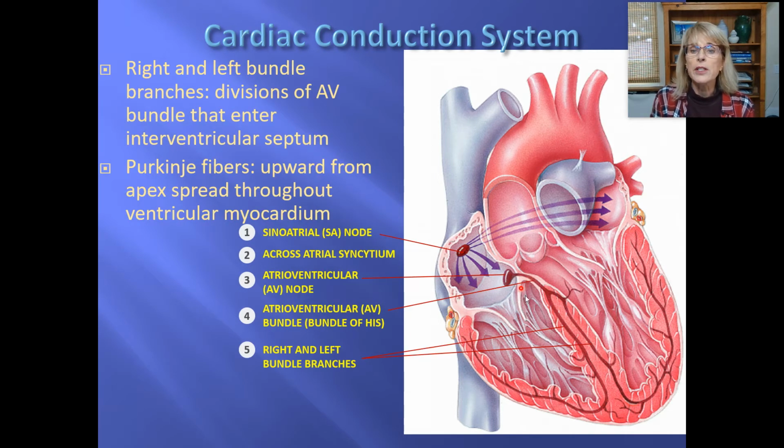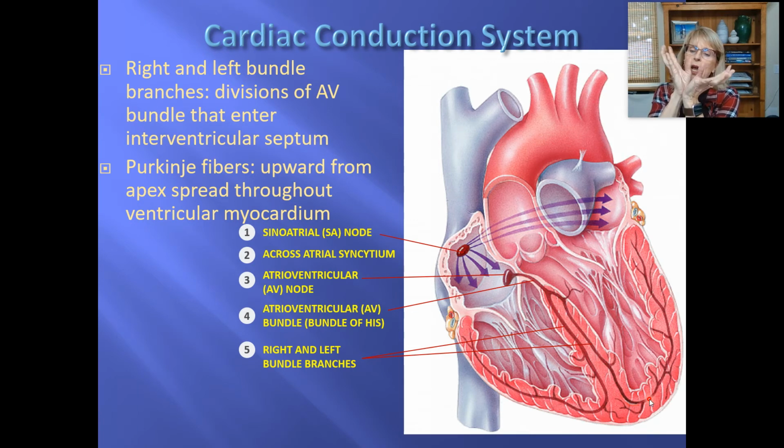From the bundle of His, it's going to go down these two bundle branches. There's one for the left ventricle, there's one for the right ventricle, and the bundle branches take that signal all the way down to the apex of the heart. Once that signal has reached the apex, it's going to start handing it off to individual heart muscle cells, and they're going to hand it off to their buddies.